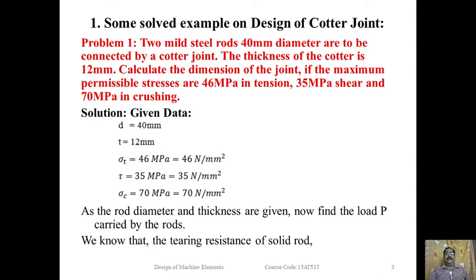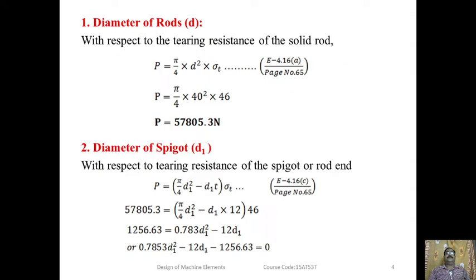We know that the tearing resistance of solid rod, small d, that is the tearing resistance capital P, is equal to pi by 4 into d square into sigma t. This is on page number 65, and the equation is 4.16a in the design data handbook written by K. Mahadevan and K. Balveera Reddy, which is prescribed by our board.